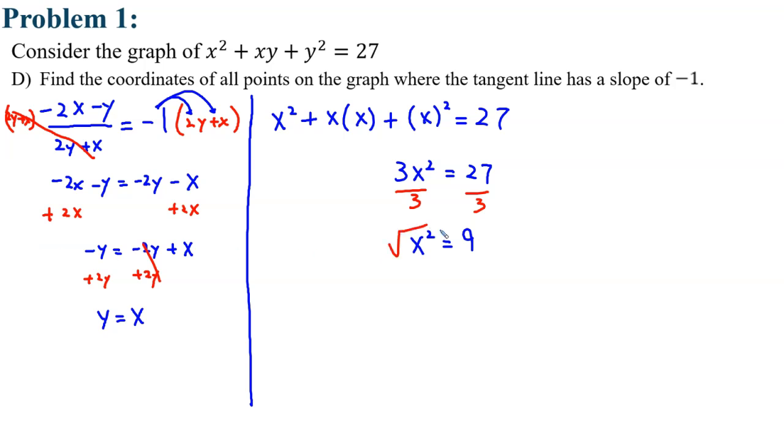Getting a lot of the same numbers with this equation. Take a square root of both sides. That'll give me that x is equal to plus or minus 3 again. All right, since my x is just equal to y, my coordinates will be 3, 3, and -3, -3, which will both have tangent lines with the slope of -1 here.